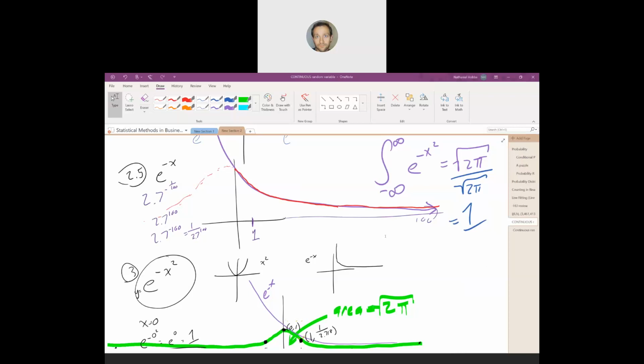For the final, would we need to memorize this formula, or probably not memorize it, but do we need to know it moving forward? You wouldn't have to have it memorized.